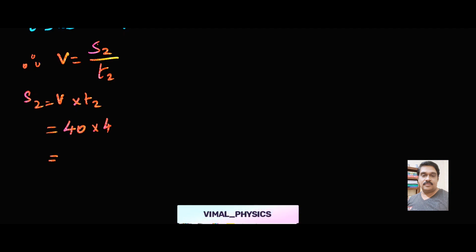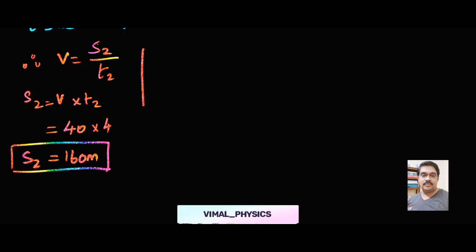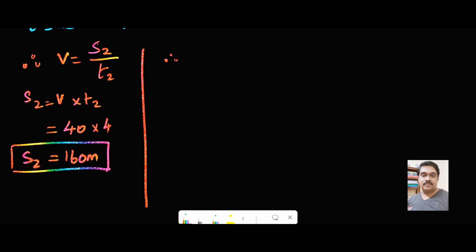Therefore, s2 is equal to v into t2, which is the maximum velocity we already calculated, 40, into 4. So it is 40 into 4, which is 160 meters. That is the distance covered.